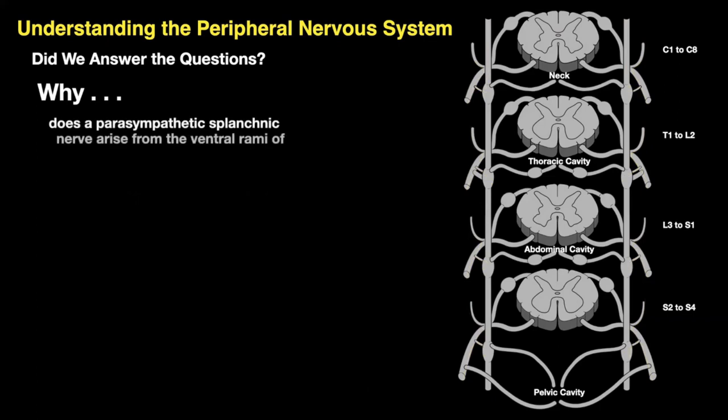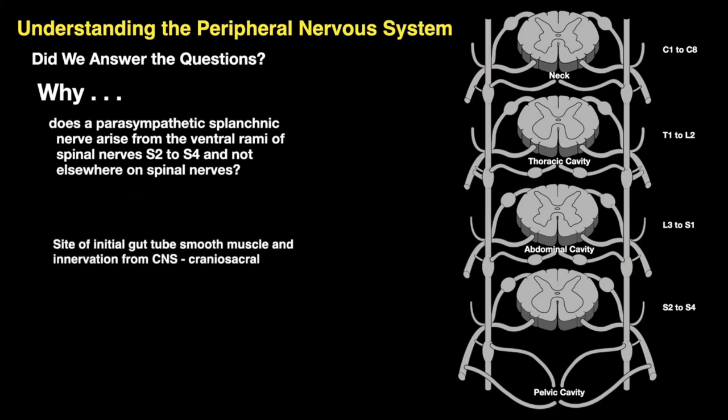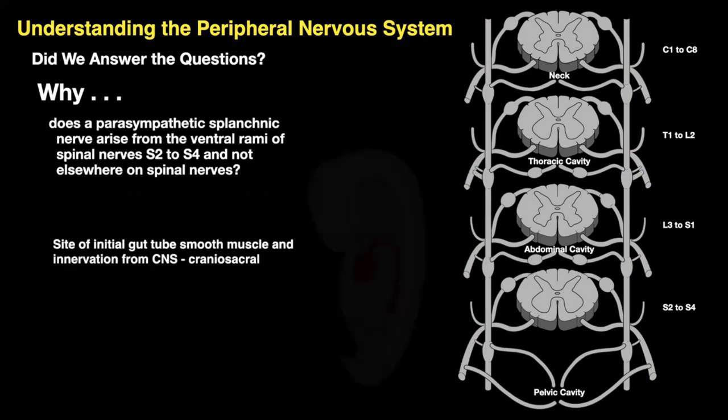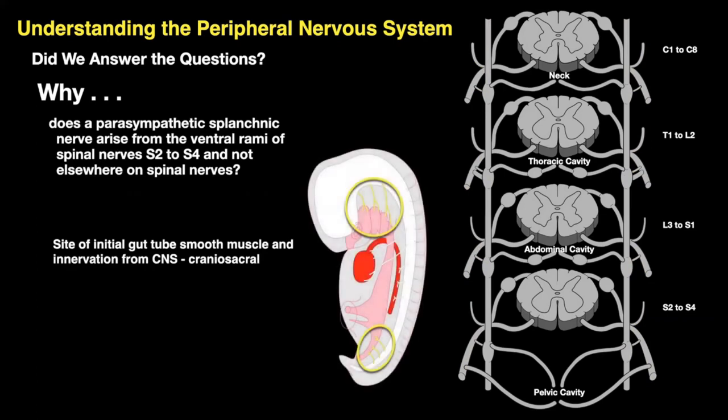Why does a parasympathetic splanchnic nerve arise from the ventral rami of spinal nerves S2 to S4? Well, again, we learned that the site of initial gut tube smooth muscle development was craniosacral. So the cranial part is going to be cranial nerves, which we're not addressing here, but the spinal part is those sacral levels.